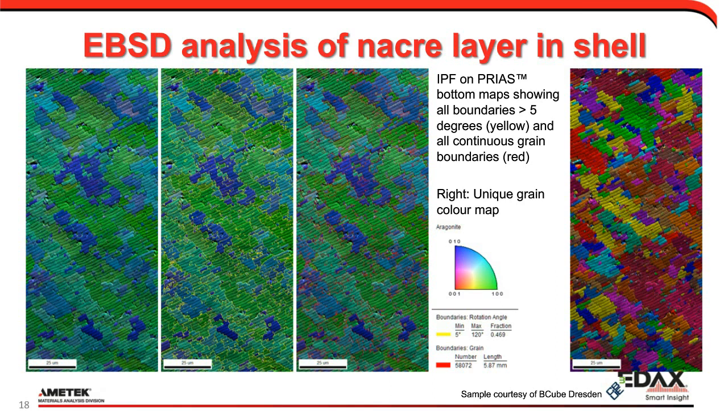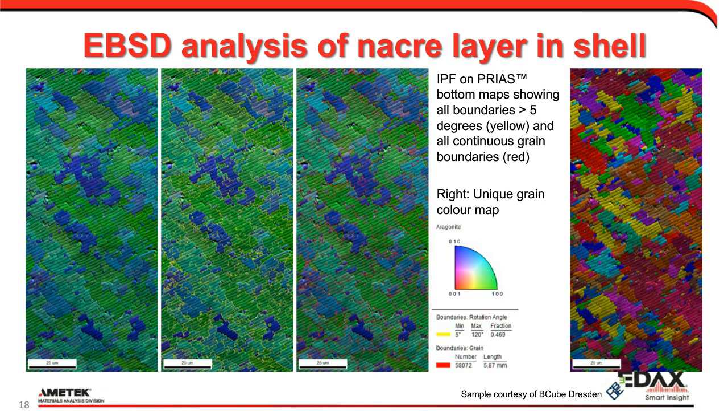And we can see a really good correlation between the grain boundaries and the contiguous grain boundaries, meaning that the grains are larger than just the individual layers of lamella. On the right-hand side, we are simply showing a unique grain color map, which helps us see where there are the same grains.